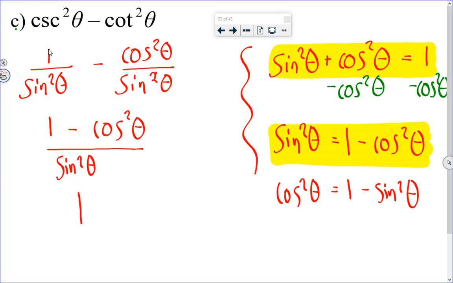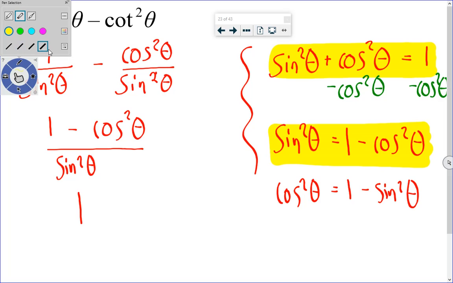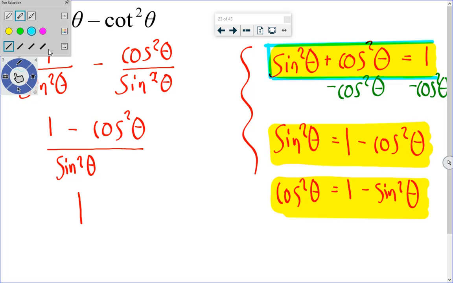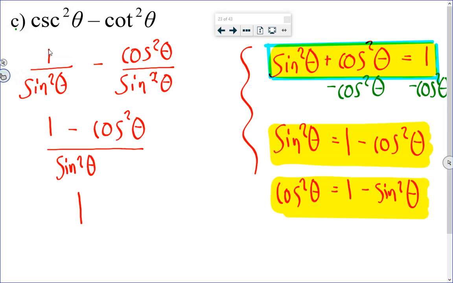Maybe a way to look at this is to say that this identity here, which is on your formula sheet, is actually 3 identities. It's sine squared plus cos squared is 1, sine squared equals 1 minus cos squared, and cos squared equals 1 minus sine squared.